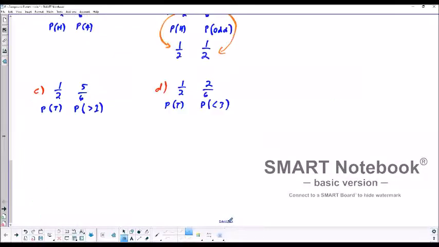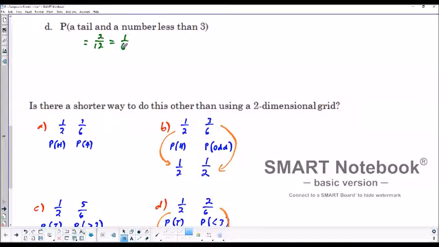And of course, that one can be simplified as well. So we'll leave that 1/2. That can be simplified again to 1/3. And notice that the result here was 1/6.